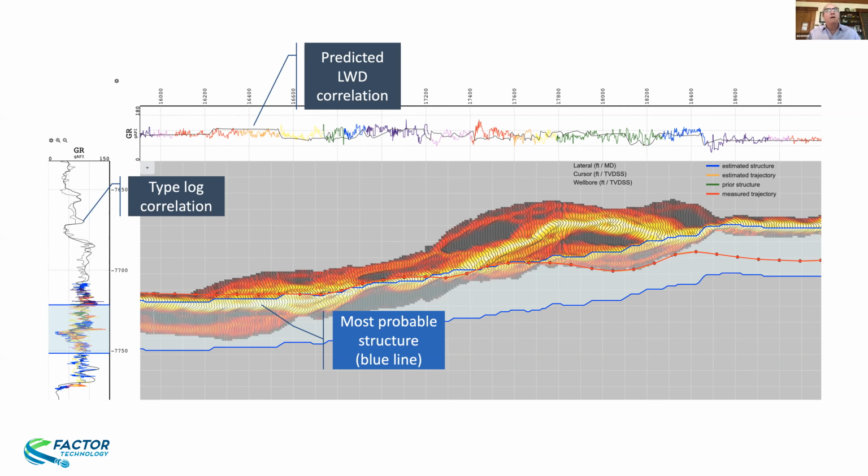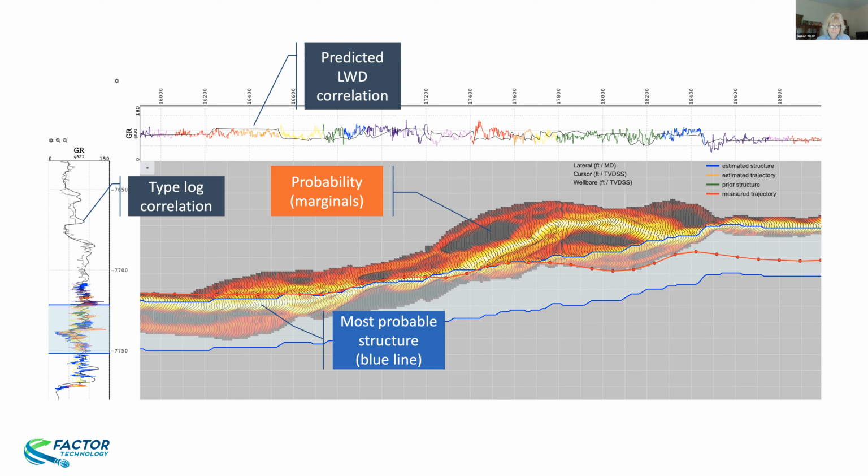But something that's really a new concept is that in addition to drawing the most probable structure, we can also give you an idea of alternatives based on the real probabilities that we're computing, given the LWD that we're seeing and all the engineering constraints.